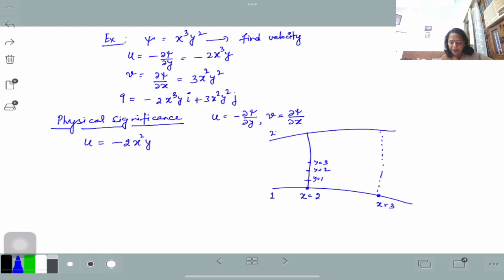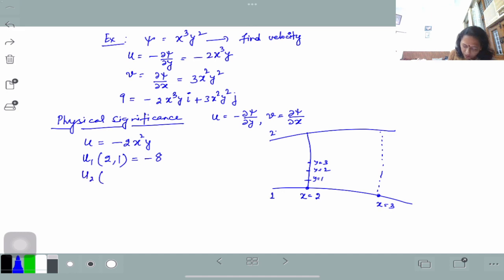Now, if I find the velocity u1, at what point? At 2,1. u1 at 2,1, naturally I get minus 8.